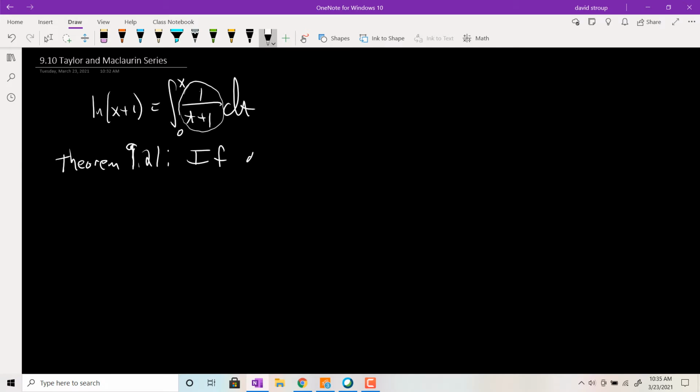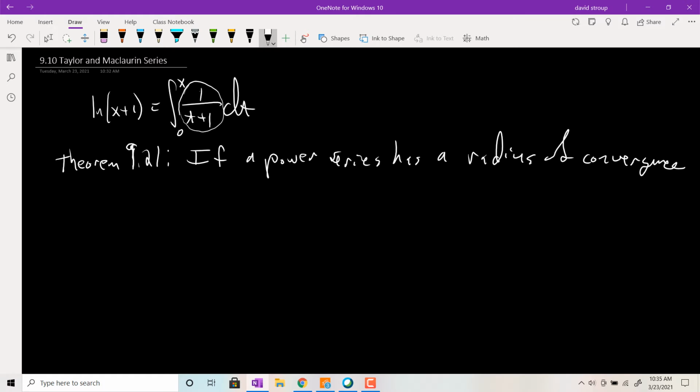So if a power series has a radius of convergence big R greater than 0, then it's differentiable.